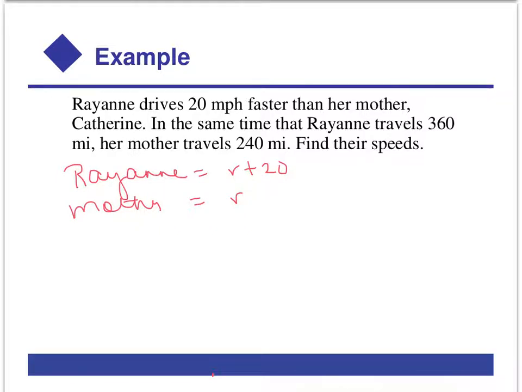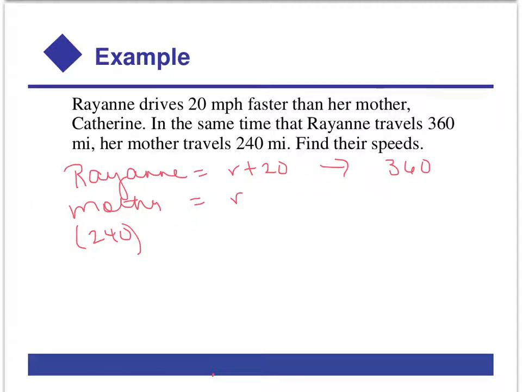Now, how many miles did it say they travel? Okay. Catherine travels 240 miles, and Rayanne travels 360 miles. So we're going to try to find their speeds.